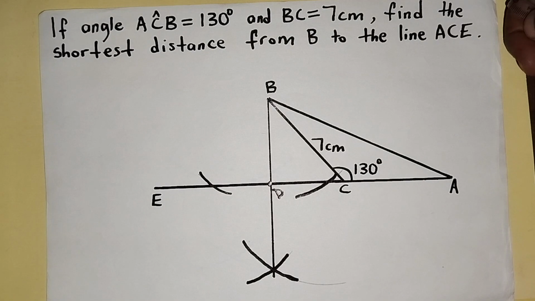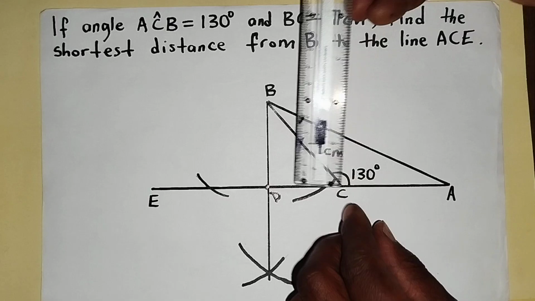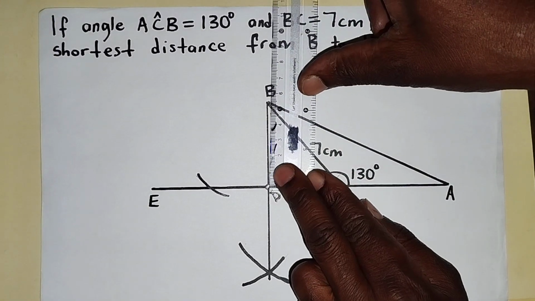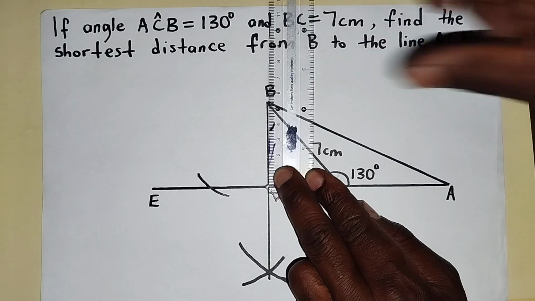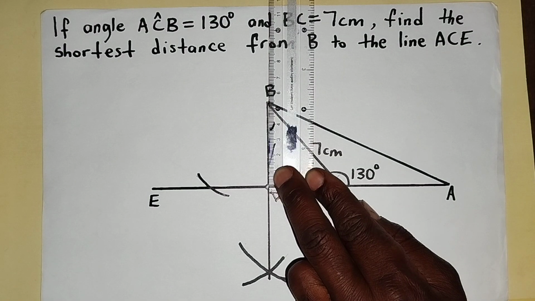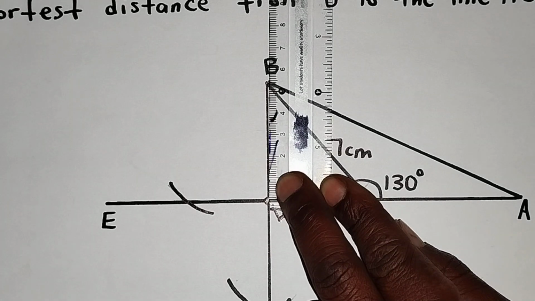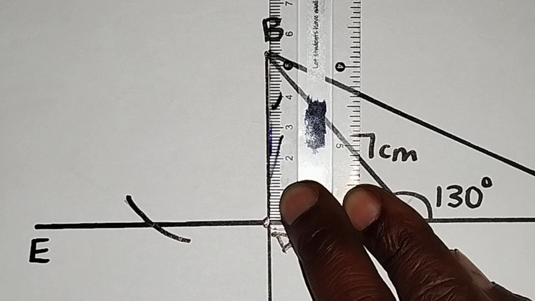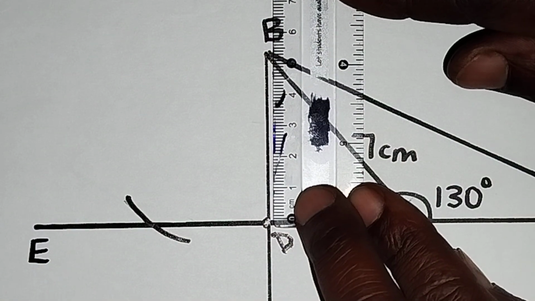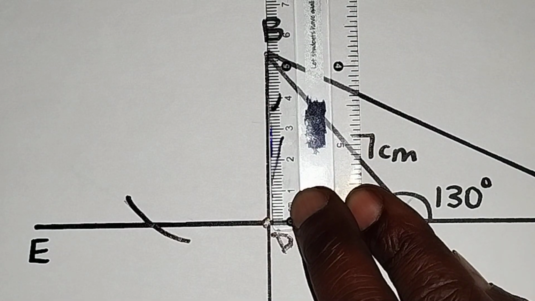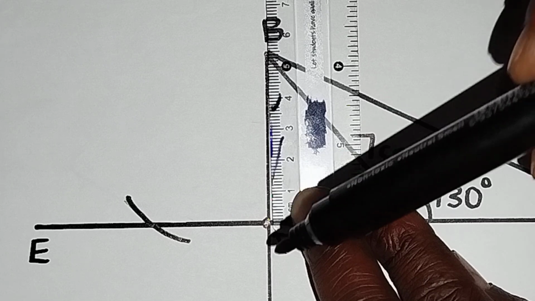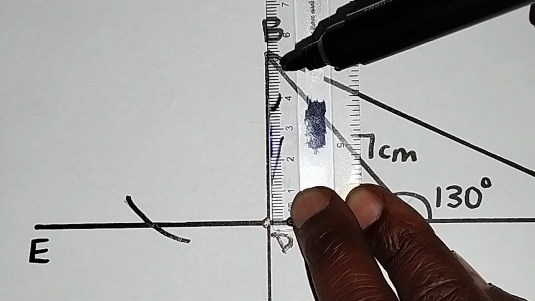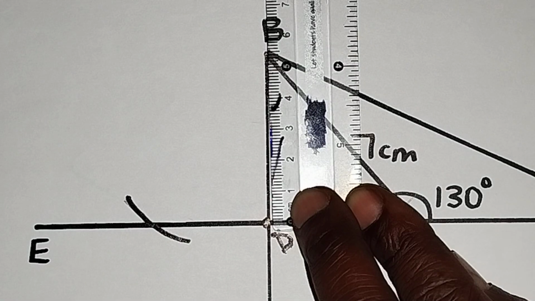Using a ruler, I will measure this distance from B to D. Let me zoom so that you can see roughly. Okay, it's a little bit better. You can see the distance here is the 0 mark, 1, 2, 3, 4, 5. It's about 5.4 centimeters, as we saw earlier when we used trigonometry.